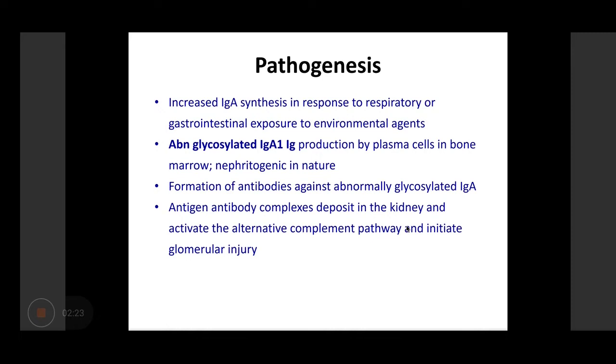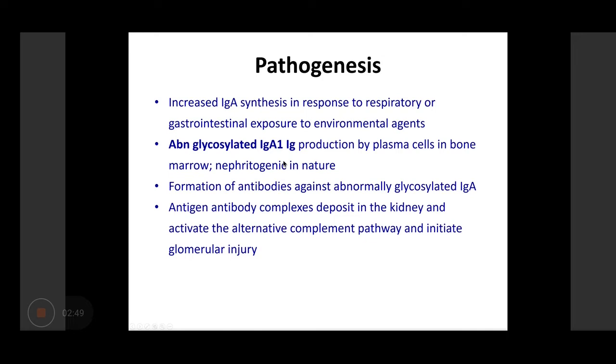What is the pathogenesis of IgA nephropathy? Following some respiratory or gastrointestinal exposure to some unknown environmental agents, the patients start producing increased amounts of IgA. This is in the form of abnormally glycosylated IgA1 type, which is produced by the plasma cells in the bone marrow.